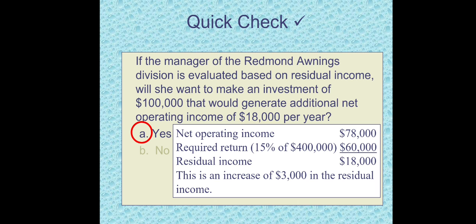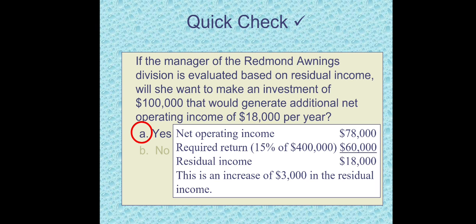Residual income is equal to $18,000. So the manager will want to do the investment, because if the manager does the investment, there will be an increase of $3,000 in the residual income. See the difference?